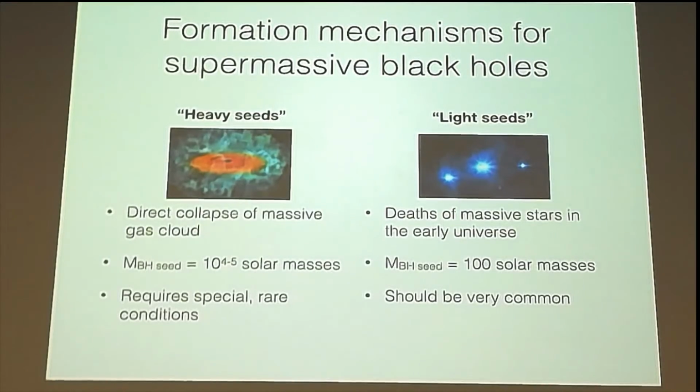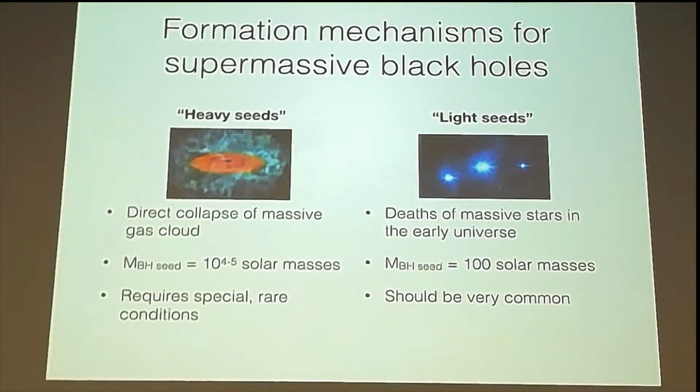And this would leave behind an initial black hole with a mass of 10 to the 4 or 10 to the 5 solar masses, so pretty big. And this process requires very specialized and rare conditions. So you wouldn't expect this to occur in every proto-galaxy at high redshift.